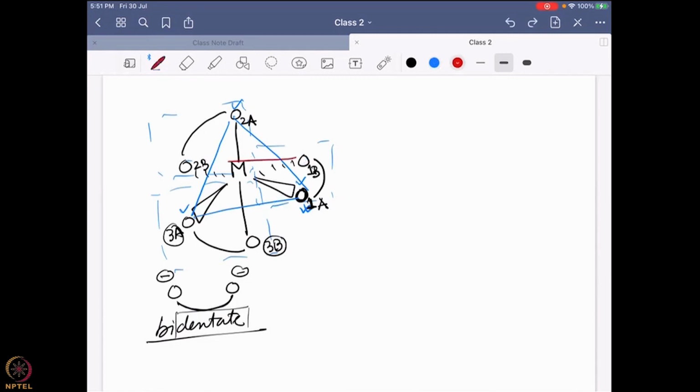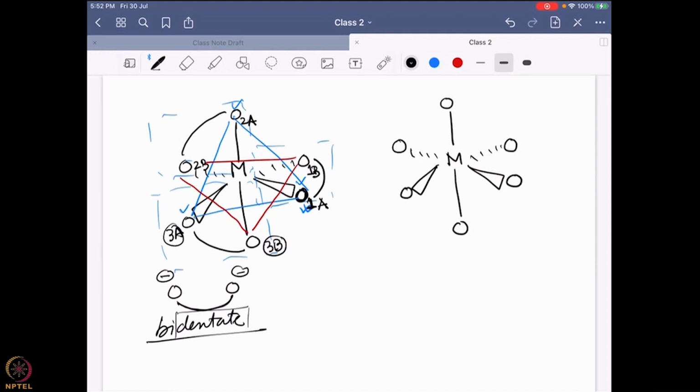Now I draw the molecule one more time, and now I'm drawing the linker in a dotted line so that we can see the triangles properly. So one triangle is this one above the plane of the paper, one triangle is backwards.